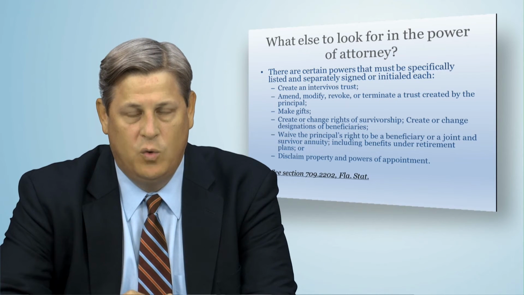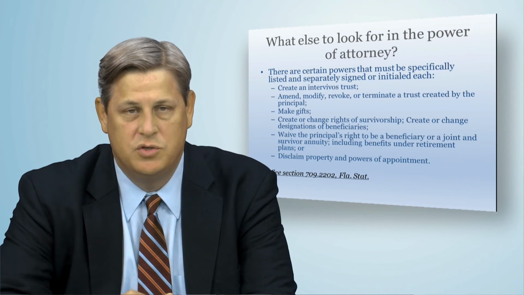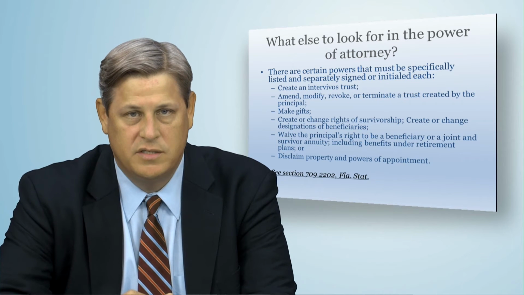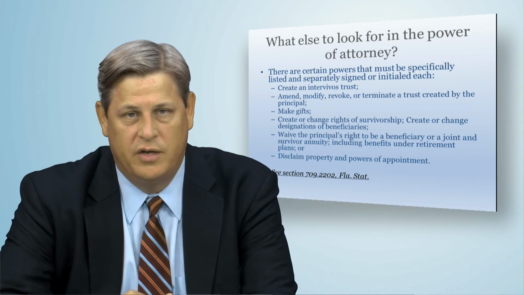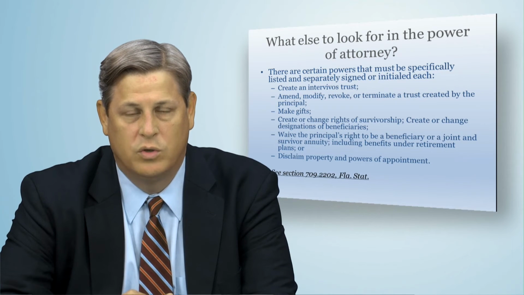attorney does not grant the agent the ability to do these powers, such as create an inter vivos trust on behalf of the principal, amend, modify, revoke, or terminate a trust created by the principal.